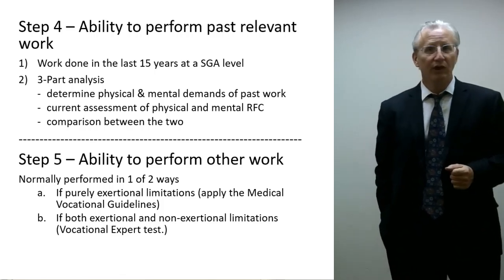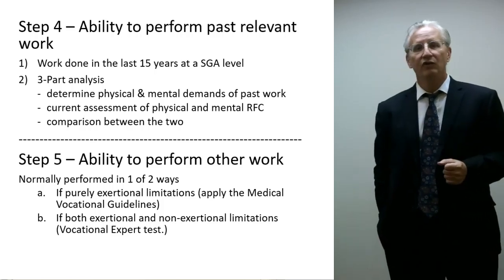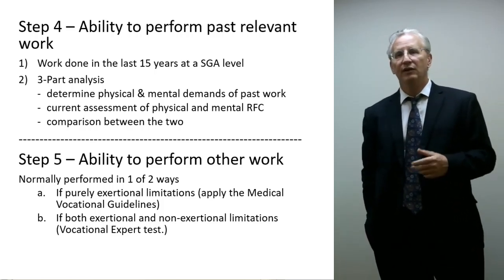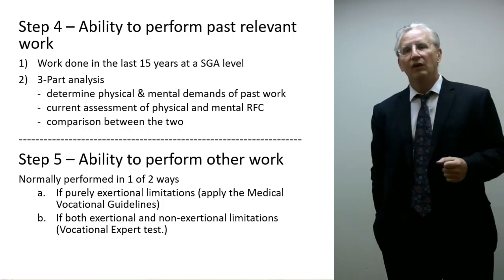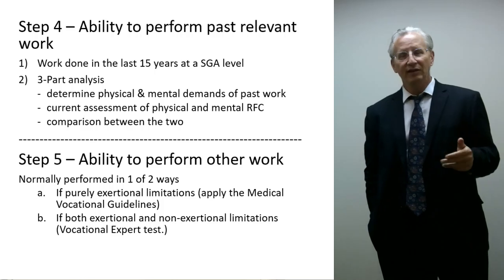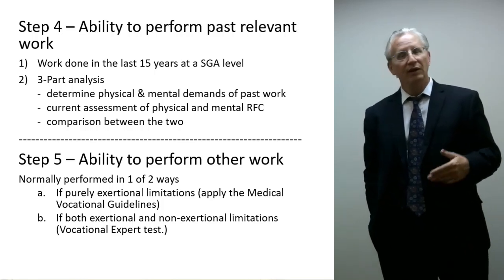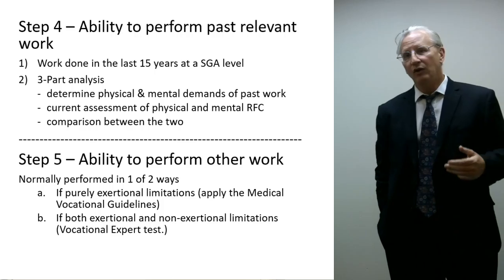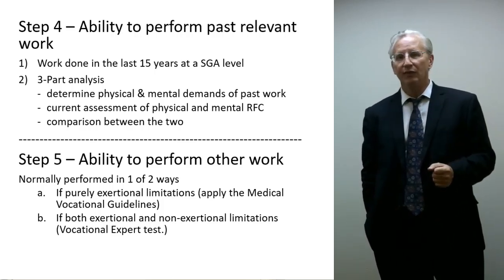Whereas if we have an individual who's age 52, now limited to a light exertional capacity, they can't return to their past relevant work, which is medium and unskilled. Once again, Social Security's medical vocational guidelines would dictate this time a denial of benefits. So again, medical vocational guidelines can only be used if we're dealing with purely exertional limitations.